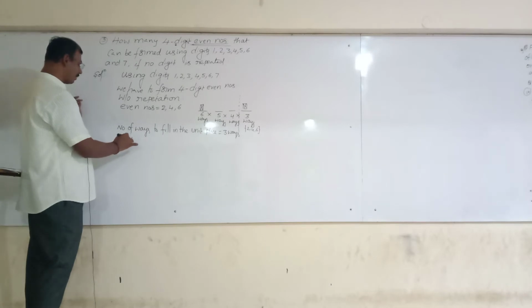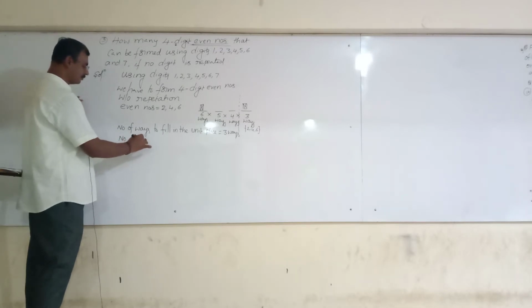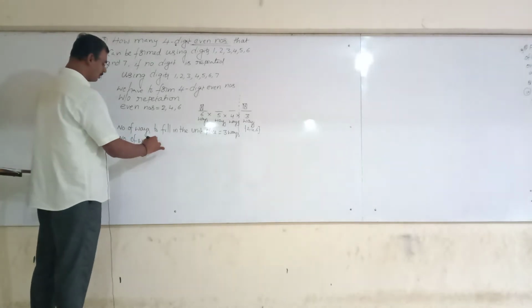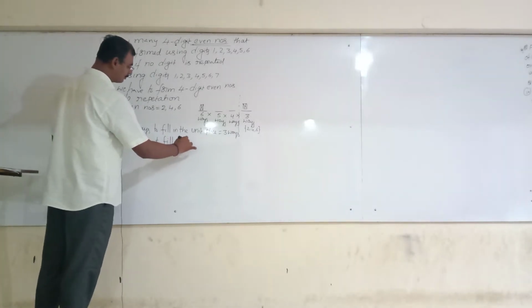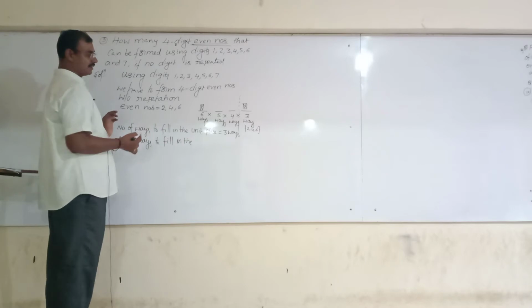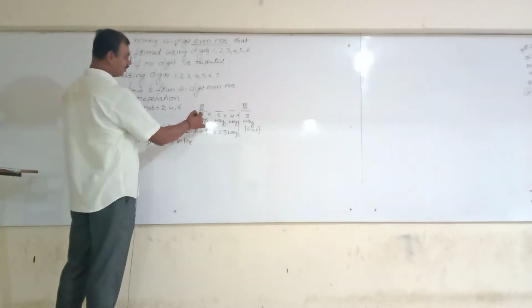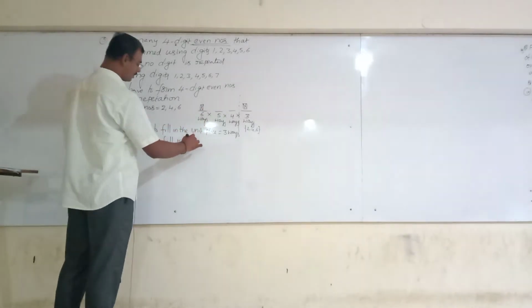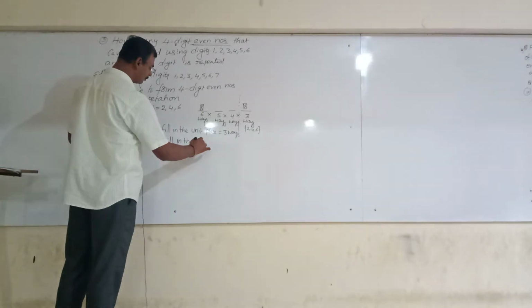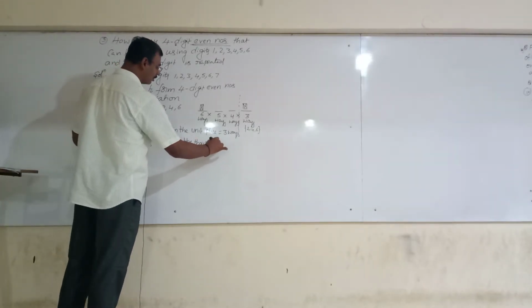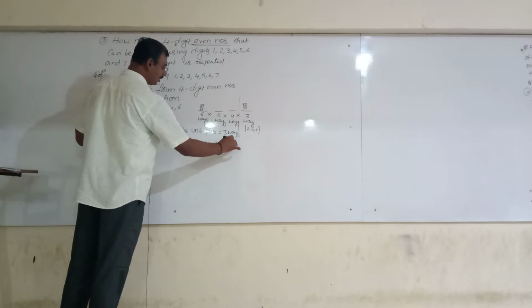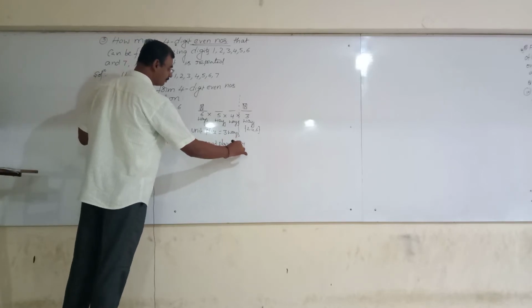Similarly, the number of ways to fill the 1000th place is equal to 6 ways.